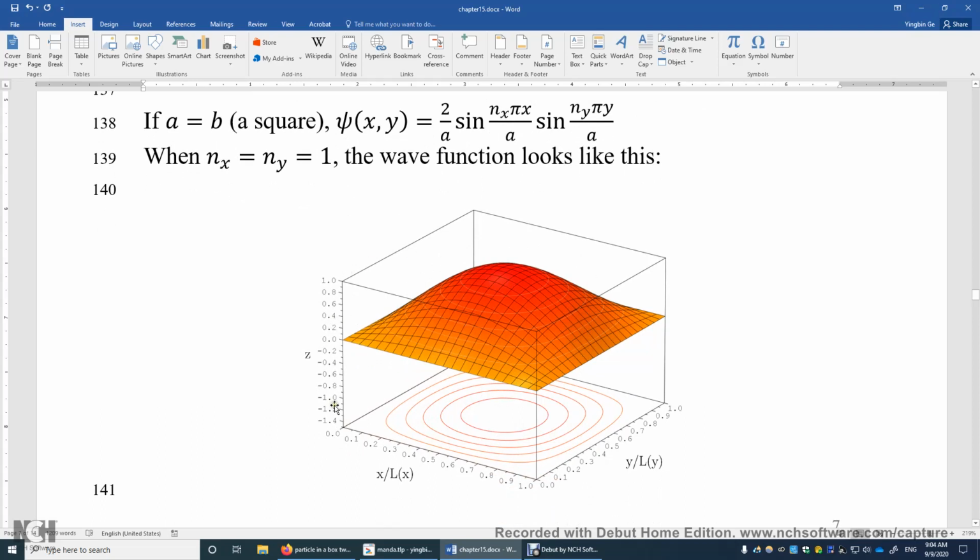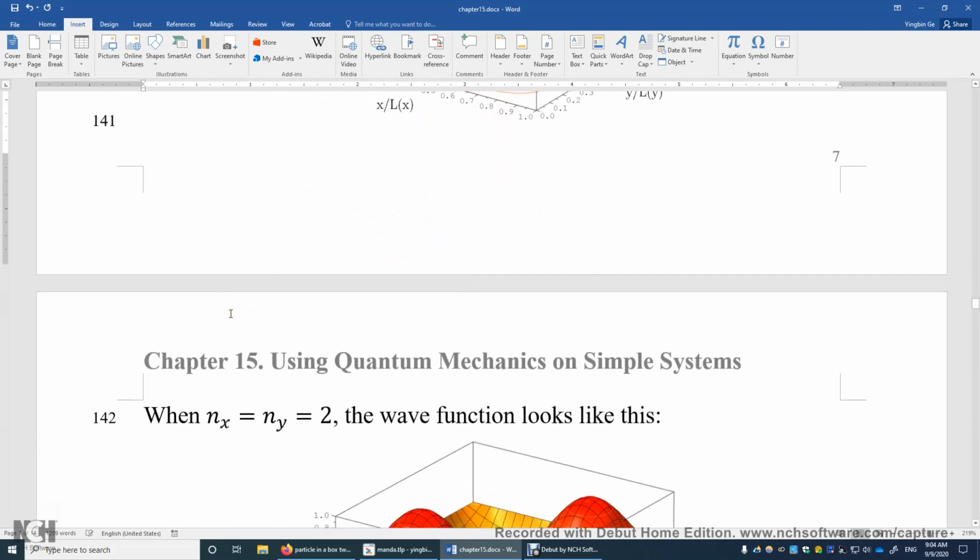The vertical axis, actually it's not z, it's the wave function psi of x and y. Over here, this is x over a, this is y over a. So this is from 0 to a for x, this is 0 to a for y. Again, this is just a two-dimensional square. You are looking at a three-dimensional picture because the third dimension is the wave function psi of x and y.